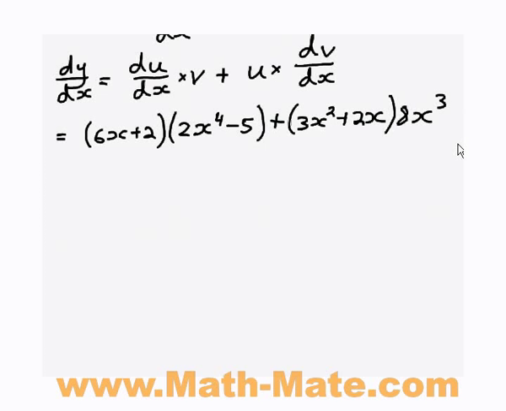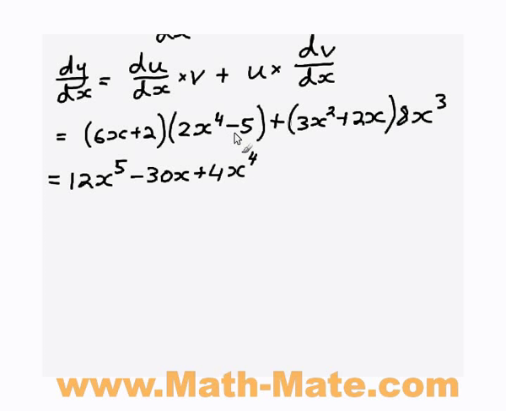So now we've just got to simplify this expression as much as possible. Remember, you're always trying to give your answer in as simple a form as you can. So let's try multiplying out all the brackets. 6x times 2x to the power 4 is 12x to the power 5. 6x times negative 5 is minus 30x. 2 times 2x to the power 4 is 4x to the power 4.